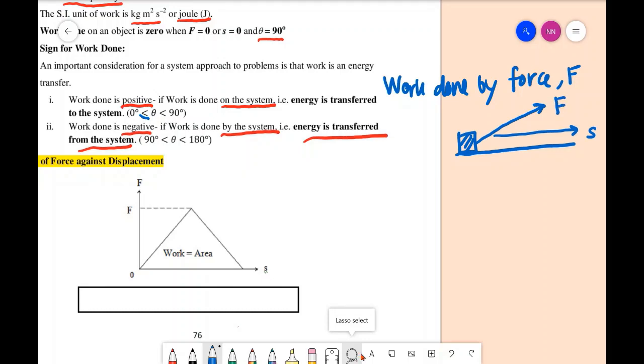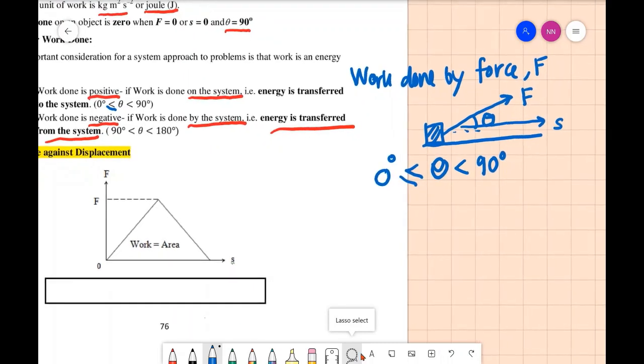The angle theta here should be less than 90 degrees and greater than or equal to 0 degrees. So we have positive work done.